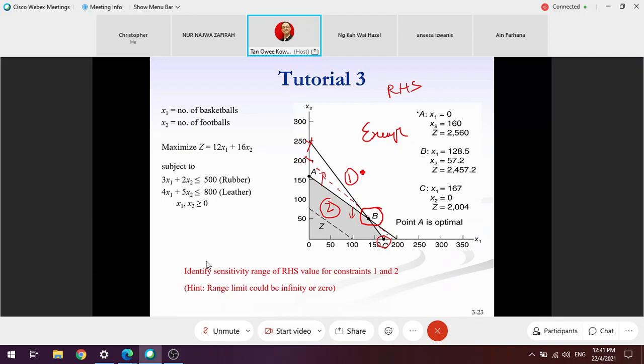If I want to find the sensitivity range for the right-hand side value of constraint 1, the next step is I need to find the 2 points where constraint 2 intercepts x1 and x2. That is what I taught, right? Alright, do you still remember that?